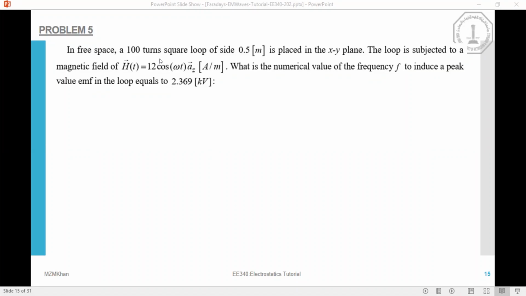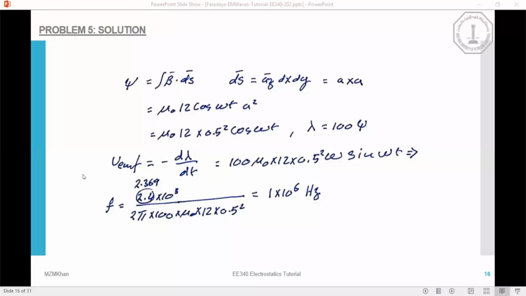No. In that case, B bar dot ds will simply become B multiplied by ds, where B is mu naught 12 cos omega t and ds is nothing but the area. B integral ds will be equal to B multiplied by S, and S is nothing but a square.